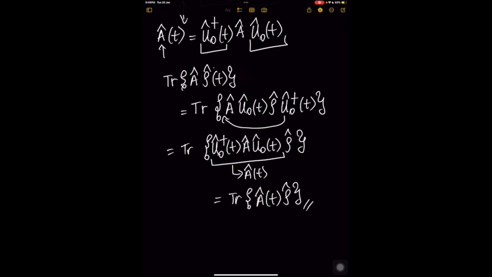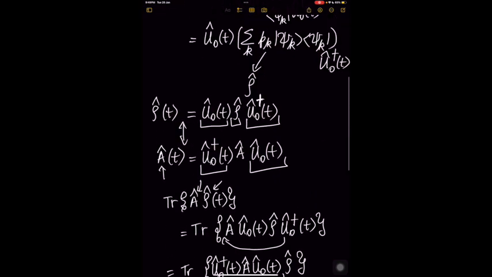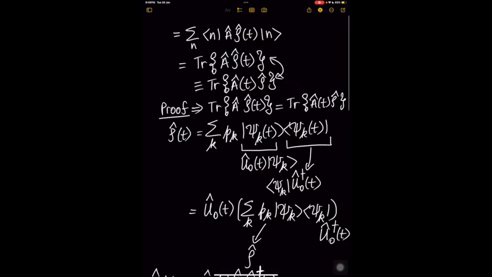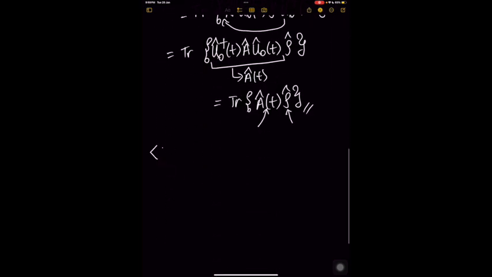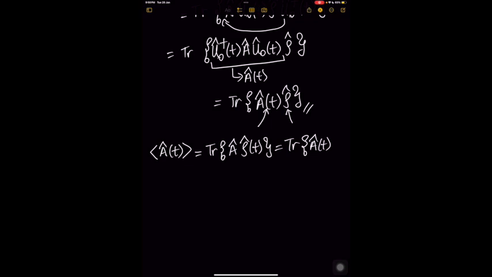In one case, your quantum system evolves in time and your operator is stationary. In the other case, your quantum system is stationary and your operator evolves in time. Both these situations should be equivalent. So we have proved what we set out to prove. In conclusion, the expectation of some observable A in a mixed quantum system holds the same result as it does for a pure quantum system and is given as the trace of A rho hat(t) or the trace of A hat(t) rho.